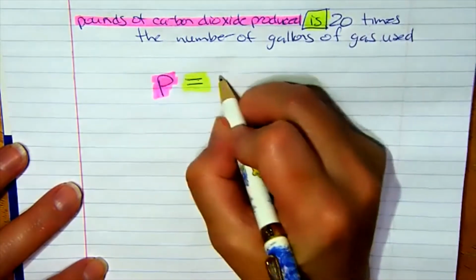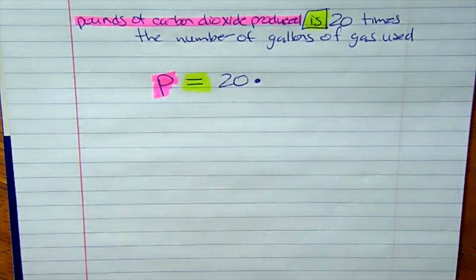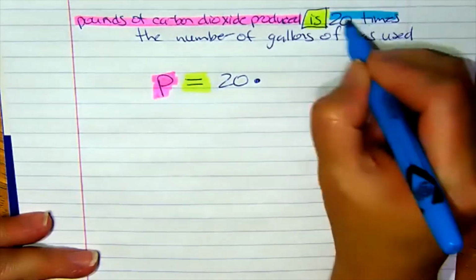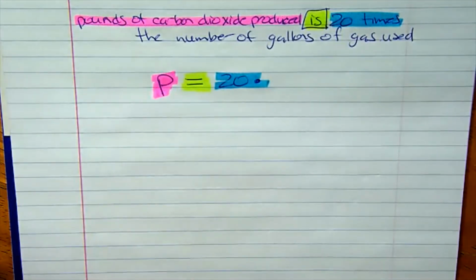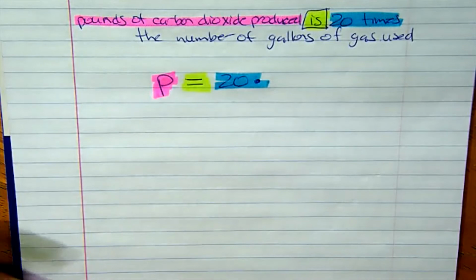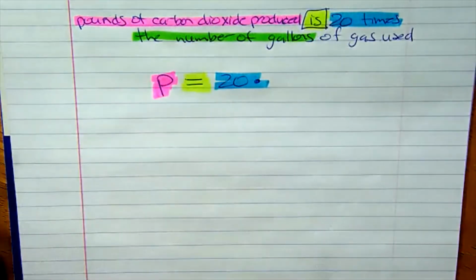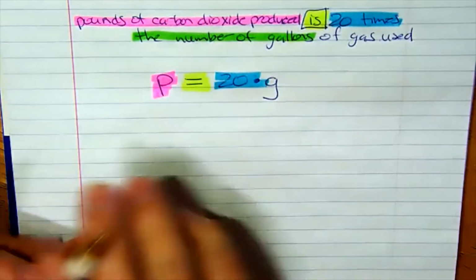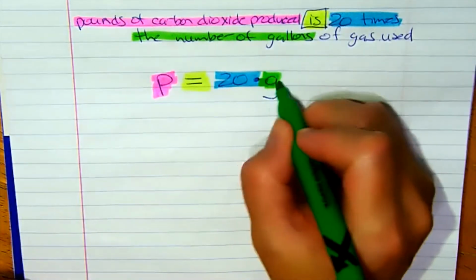Well, that's easy. So here's my 20 times. The number of gallons of gas used. So number of gallons is going to be represented by G.